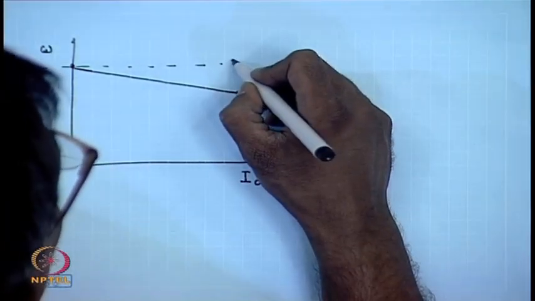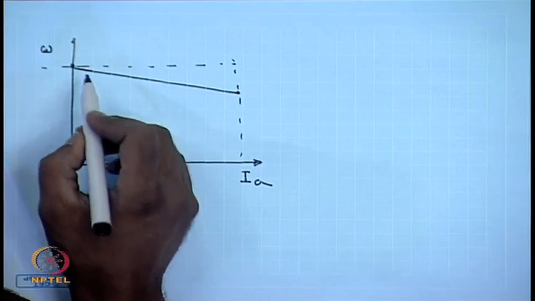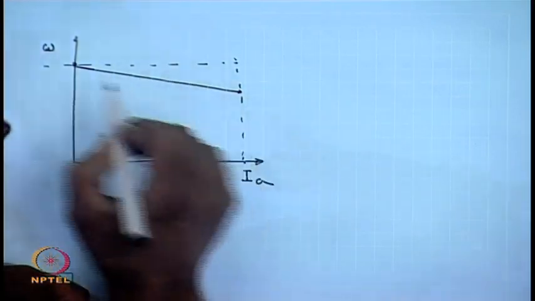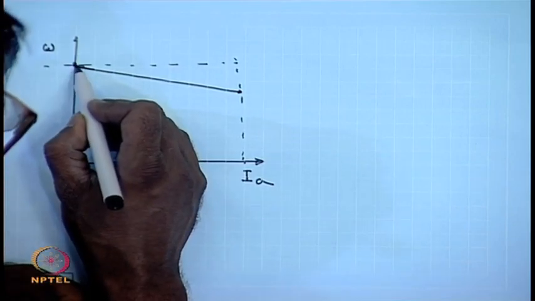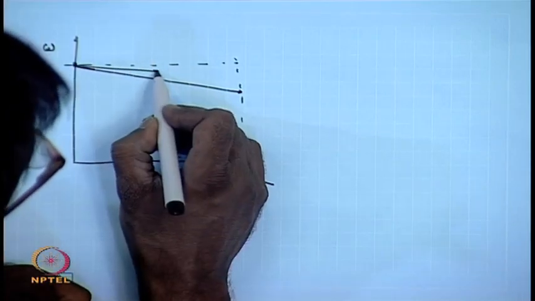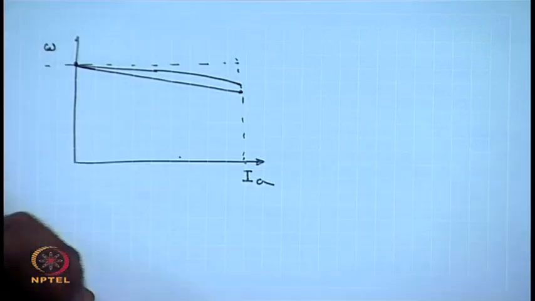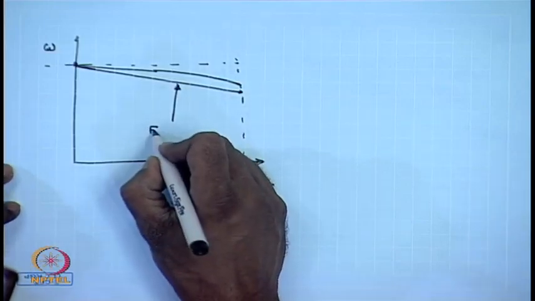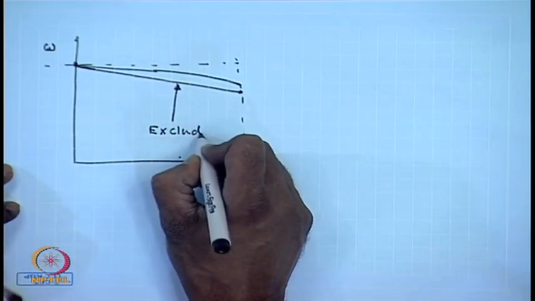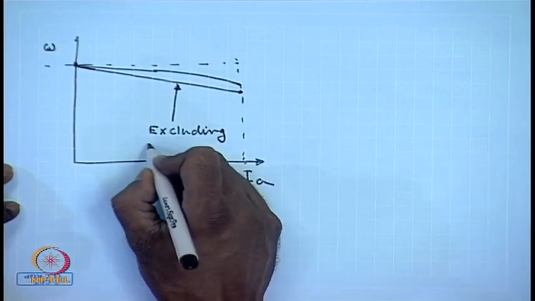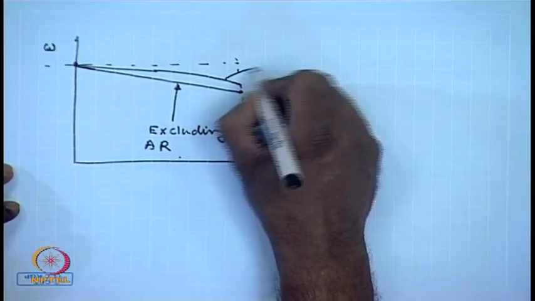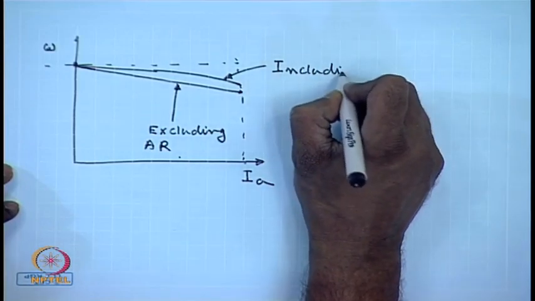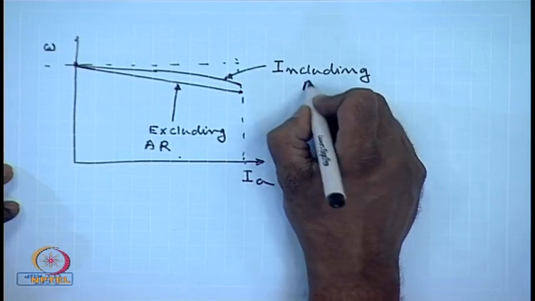But if we include armature reaction, then for a given current the speed does not drop as much, it is above this and somewhat non-linear. This is excluding armature reaction. This is including armature reaction.